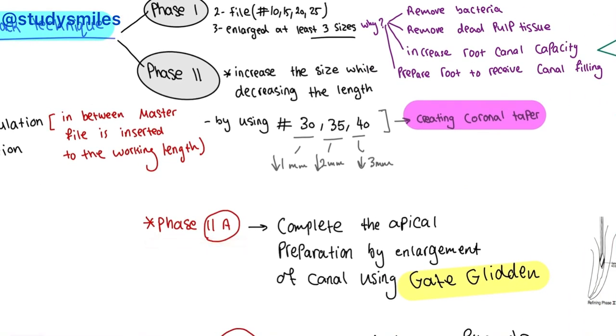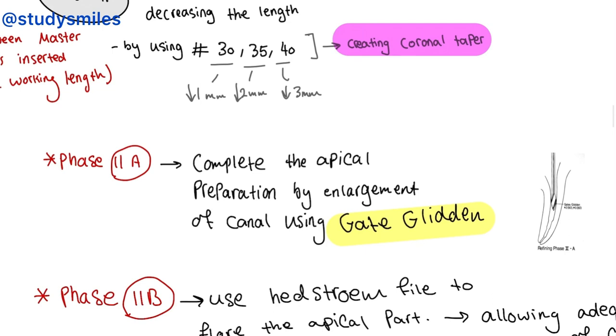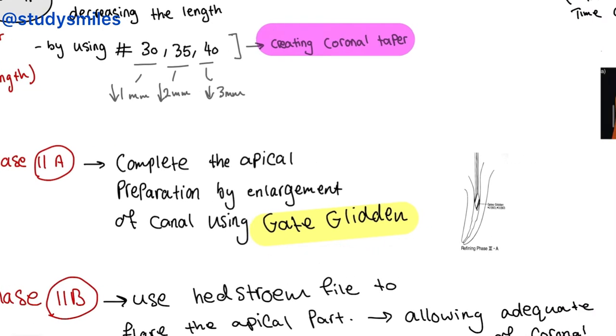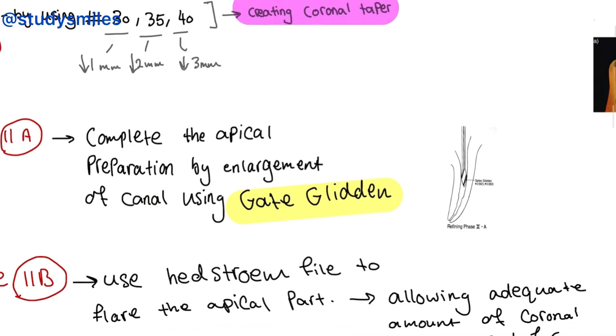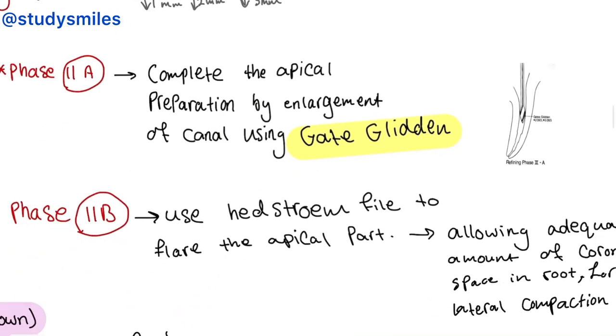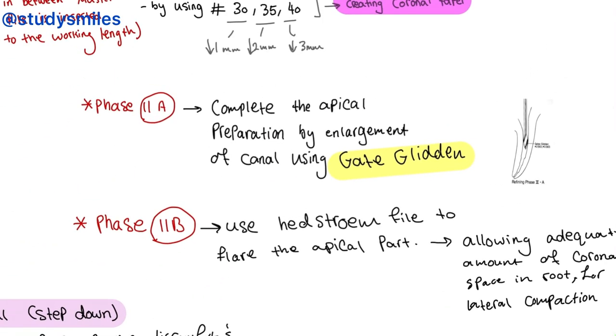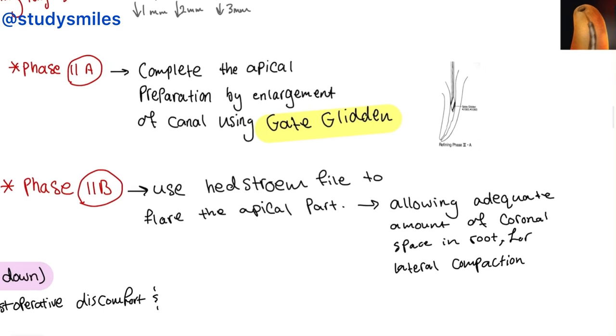Now there are these phases, 2A: complete the apical preparation by enlargement of the canal using Gates Glidden. You can also do that. By using the Gates Glidden, we complete the preparation. And then we have phase 2B, in which we use the Hedstrom file to flare the apical part.